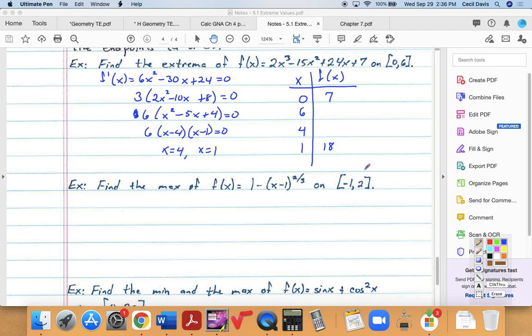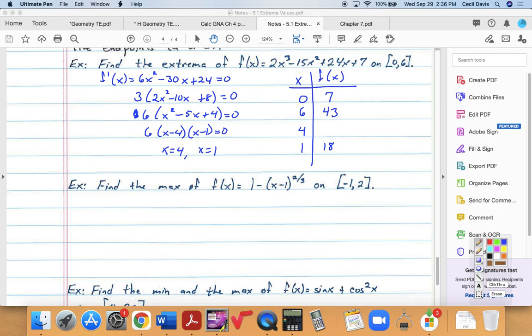So quit out of that. 2 times 6 raised to the third minus 15 times 6 squared plus 24 times 6 plus 7. I got 43.